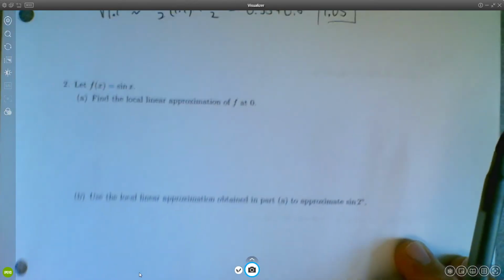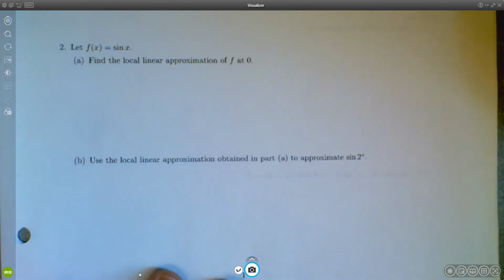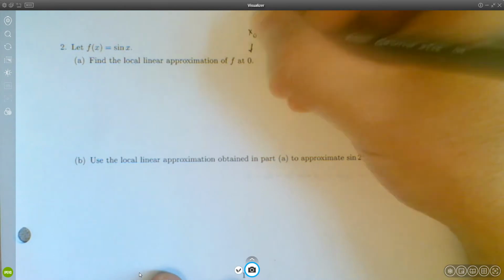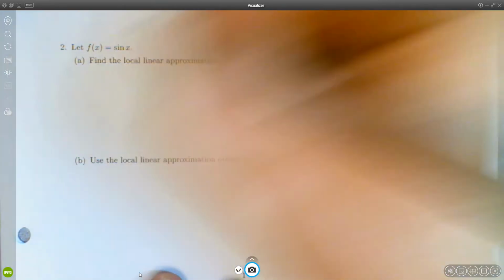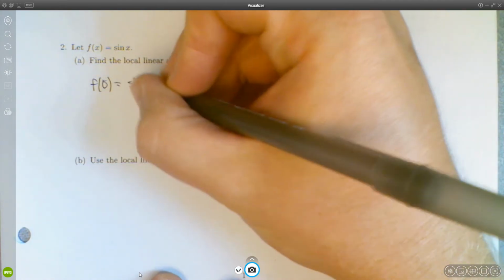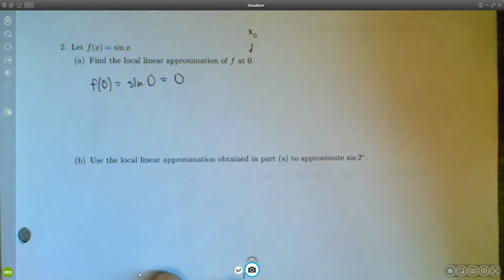Okay, so here's another example, and this is maybe even more useful. Looking at f of x equals sine x, it says find the local linear approximation of f at 0. So 0 is x naught now. First of all, f of 0 is sine of 0, which is 0.